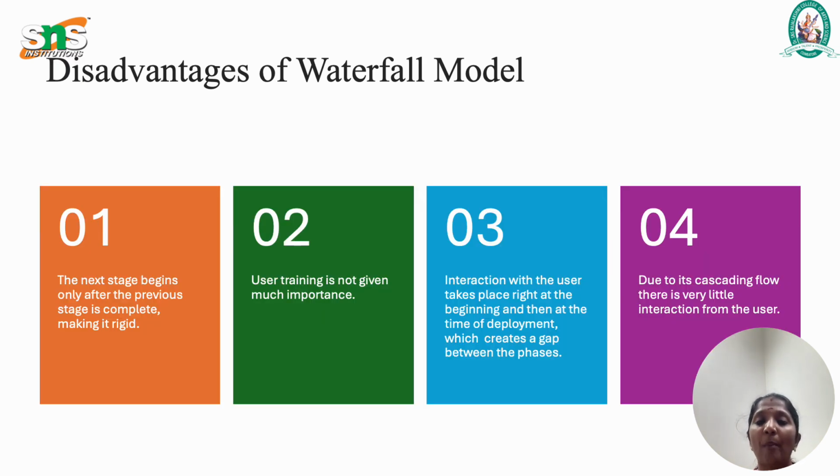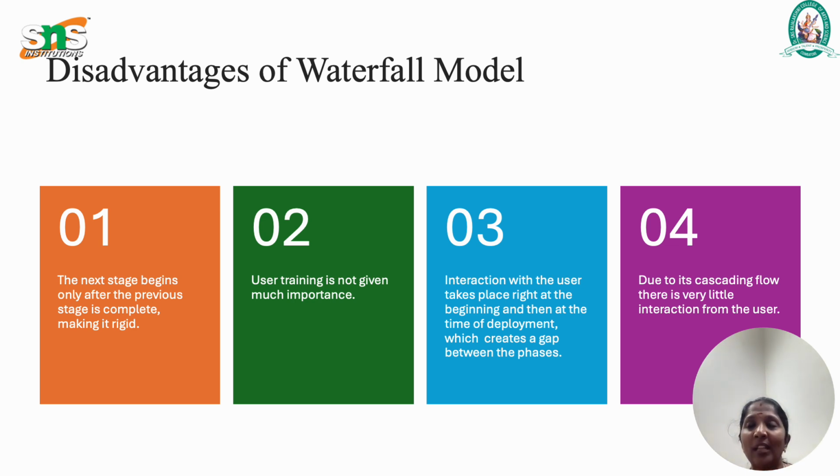What are the drawbacks of the waterfall model? The next stage begins only once the first stage is complete. It means the remaining stages should stay idle. If there is a drawback in the first stage but we have already completed the third stage, we have to come back, so it is time consuming.